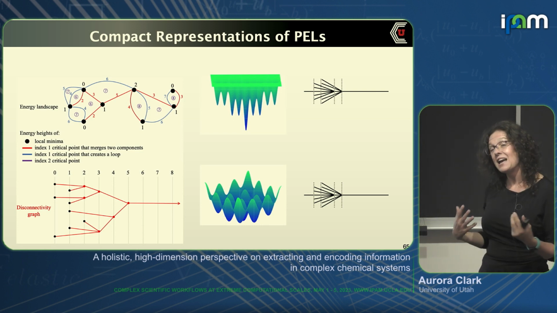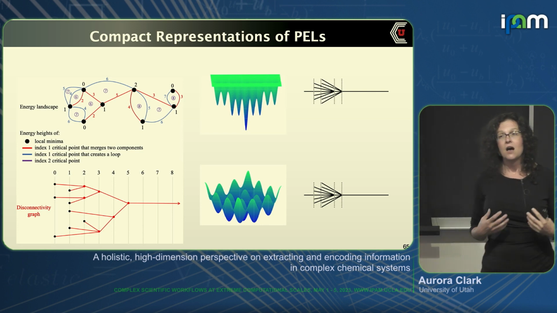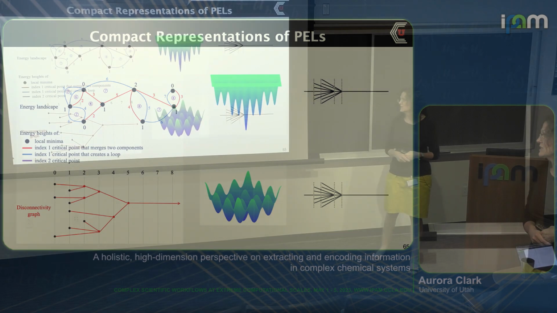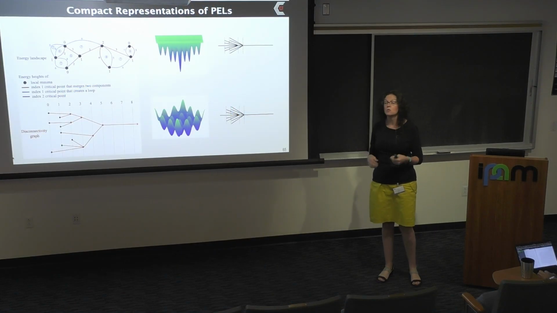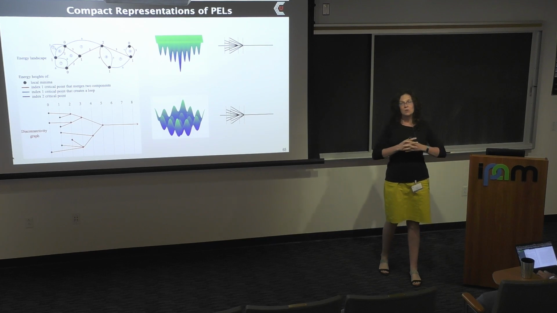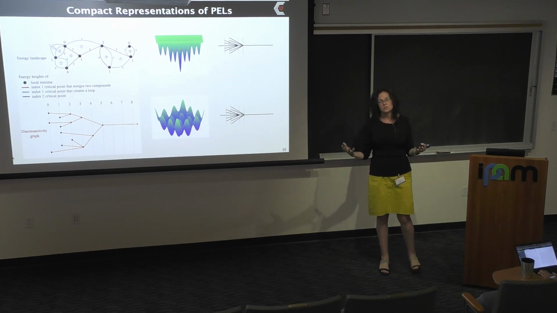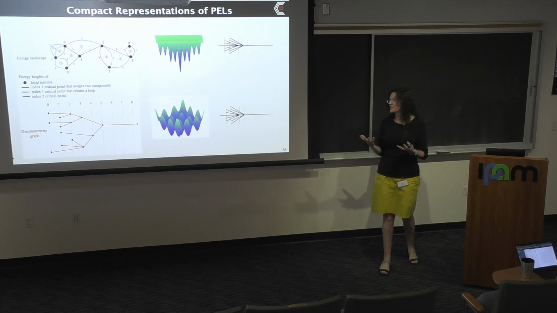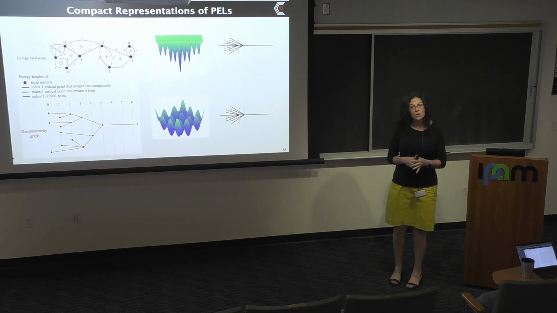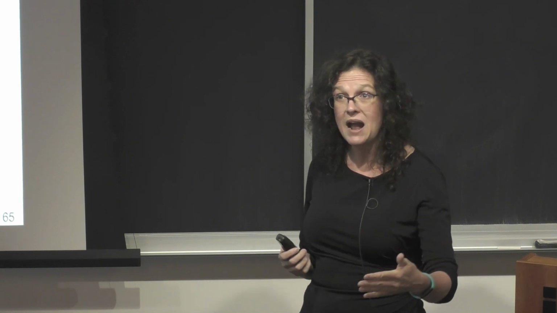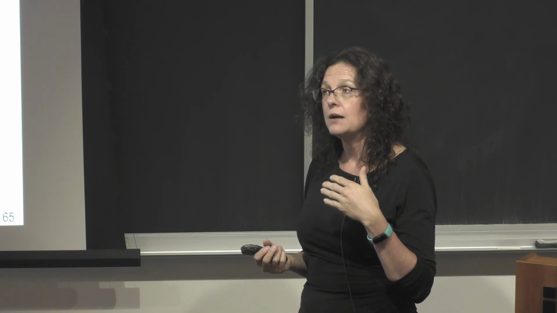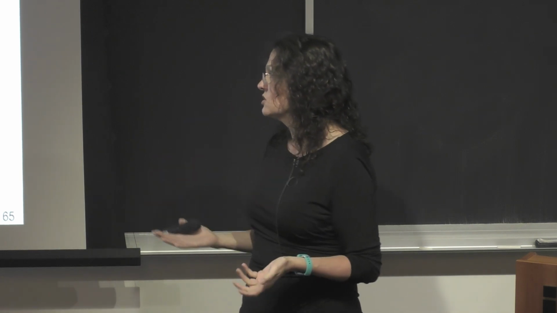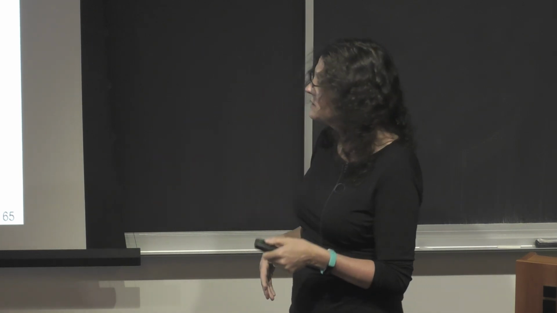And so we would like to have more information about the topology of the energy landscape than just this particular description. And the reason why is because these soft matter systems are so robust and so complicated, and their energy landscapes are going to have lots and lots of features, we really want unique fingerprints, and we want a really mathematically robust way to keep track of all of the features of that landscape across different dimensions.